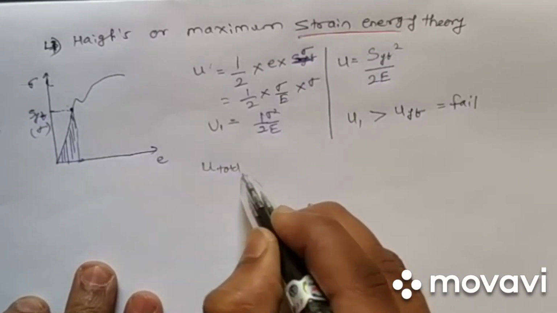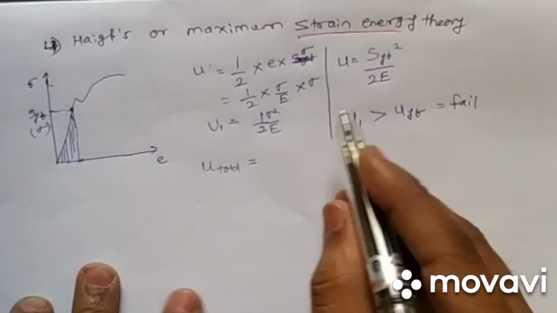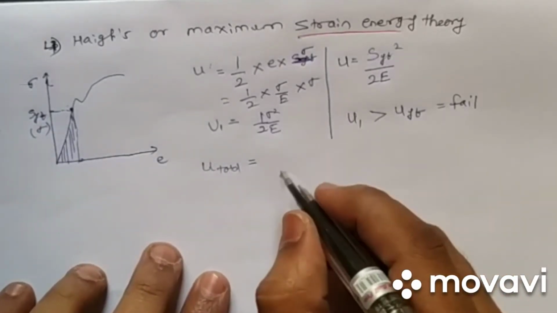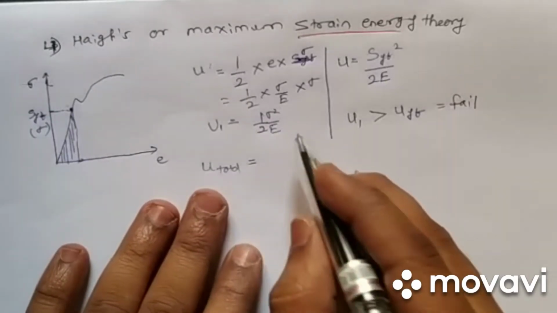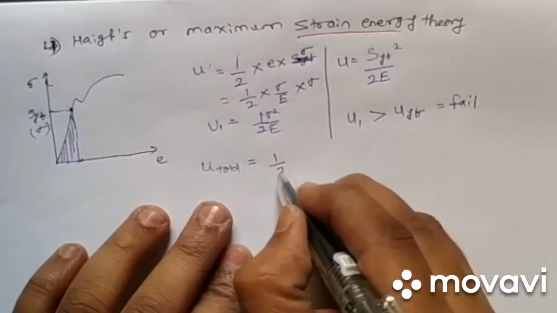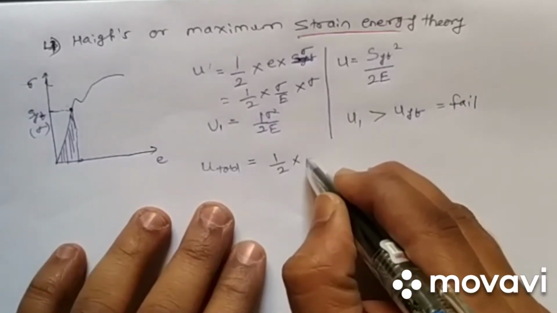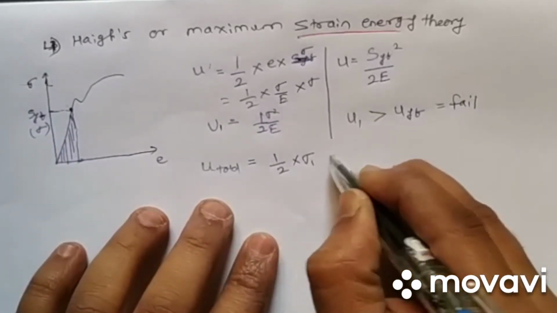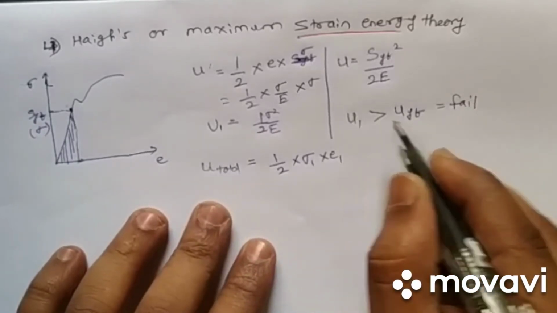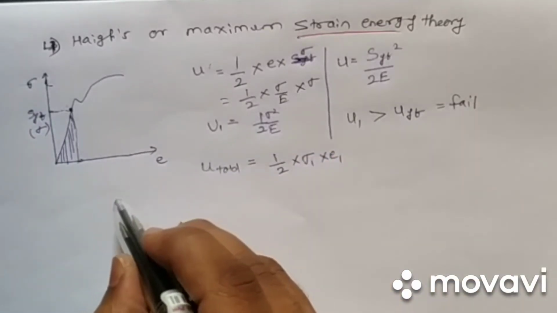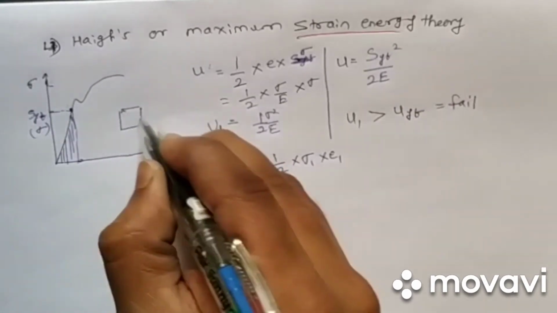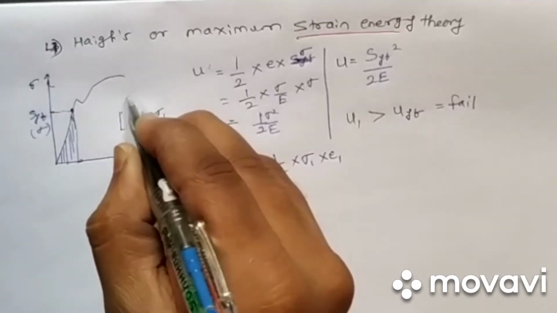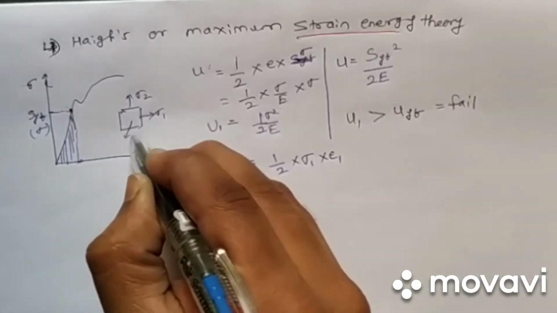Let's see how we can find out the total strain energy. This is nothing but the total strain energy per unit volume. So here we have 1/2 into sigma 1 into E1, because we consider a body subjected to sigma 1, sigma 2 and sigma 3.